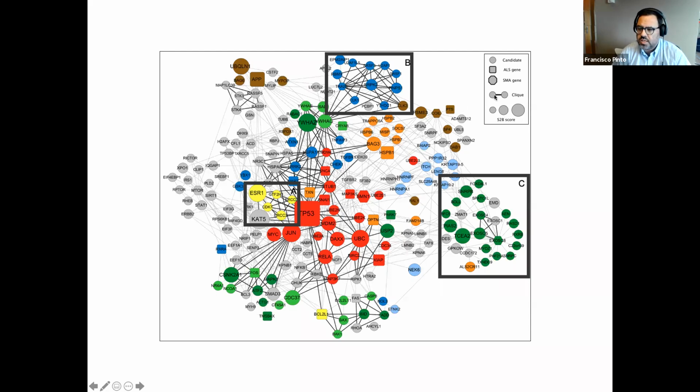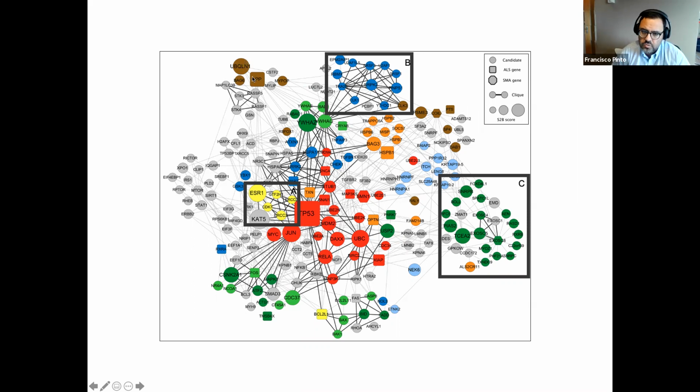Within this network, we identified cliques, because we found large cliques in these networks and tried to check if these cliques were specifically associated with some of the phenotypes associated with both these diseases. These two diseases affect motor neuron cells.